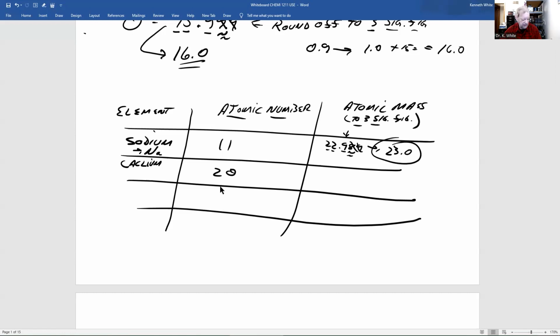Atomic number is this. But you have to round that off to three significant figures.